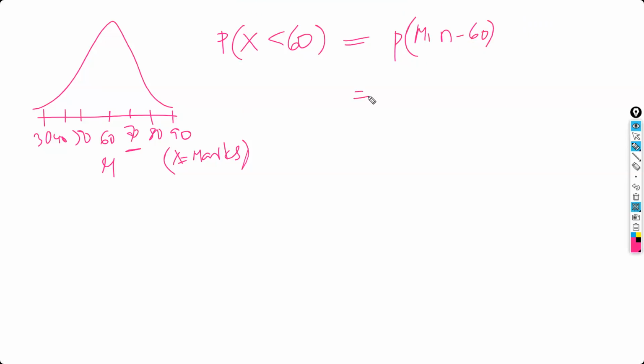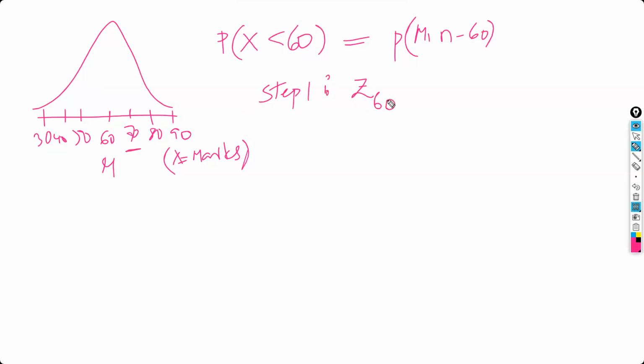Now what are the steps in order to do this? The first step is to convert that value, whatever value they have asked, to z-score. That is step 1. Don't write simultaneously, just observe what I'm writing. First is z of 60.